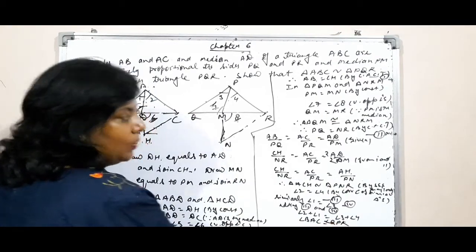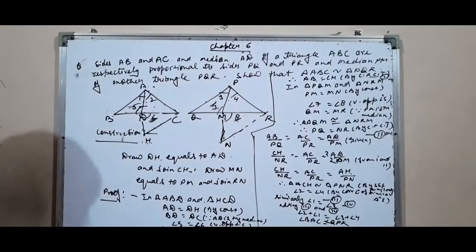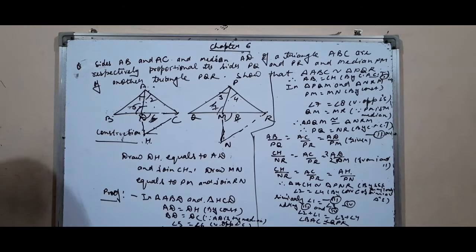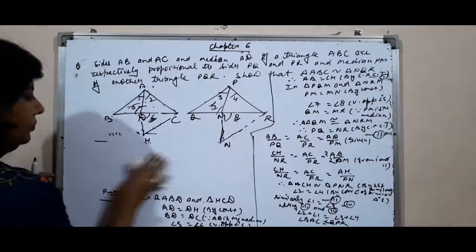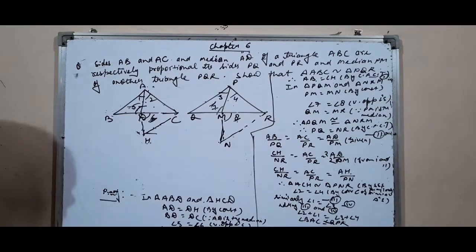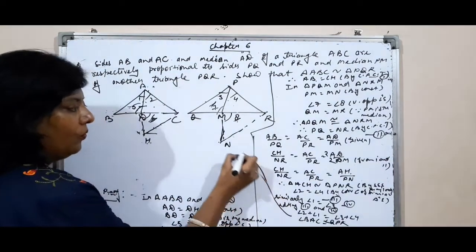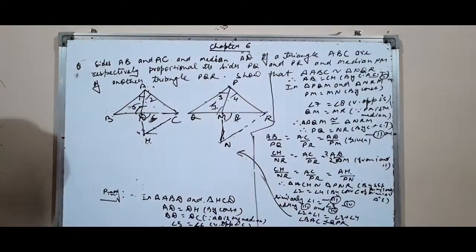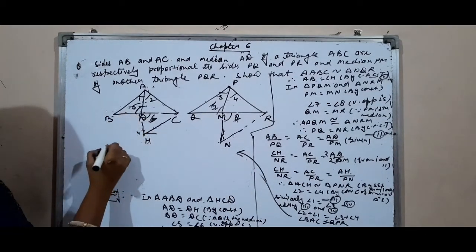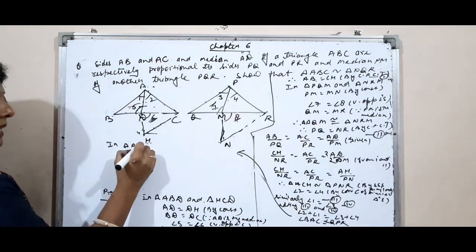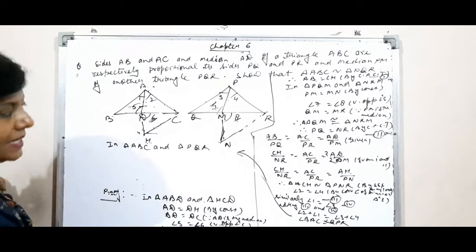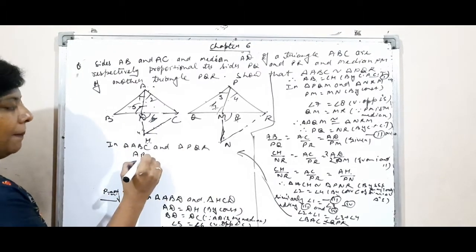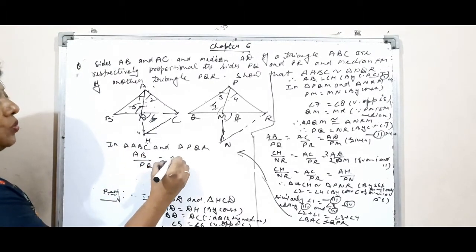Now you can easily prove that these two triangles ABC and PQR are similar. In triangle ABC and triangle PQR, it is given AB upon PQ equals to AC upon PR.